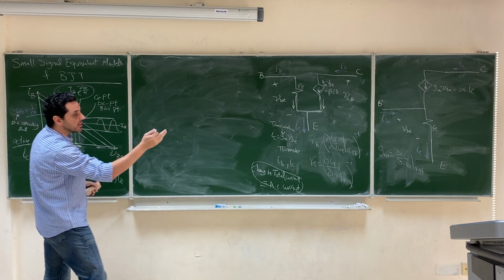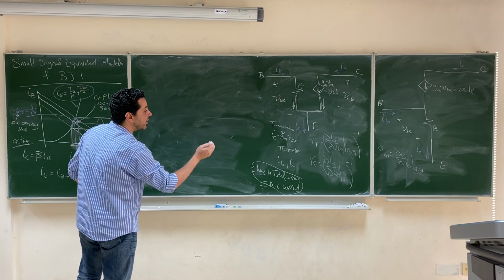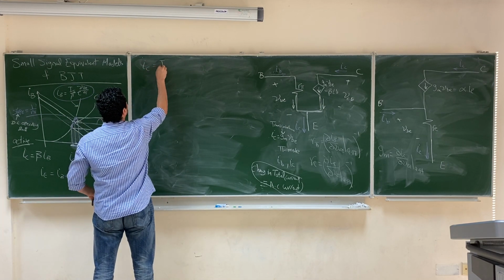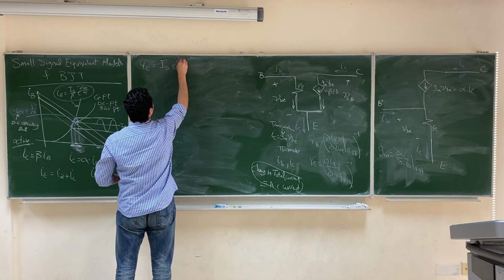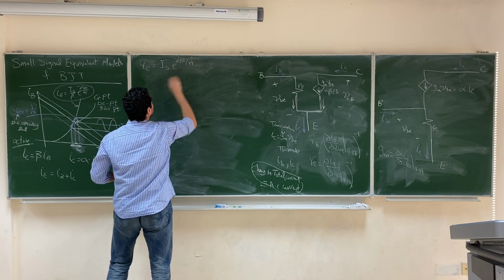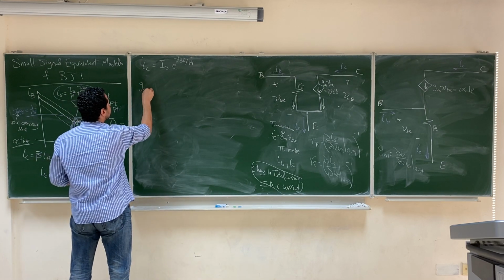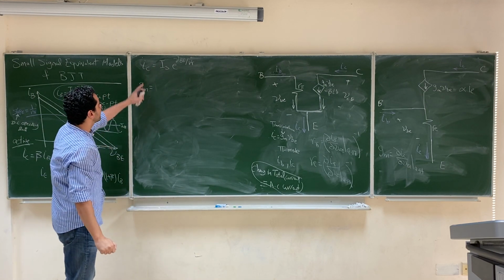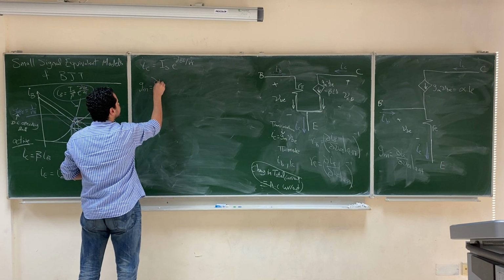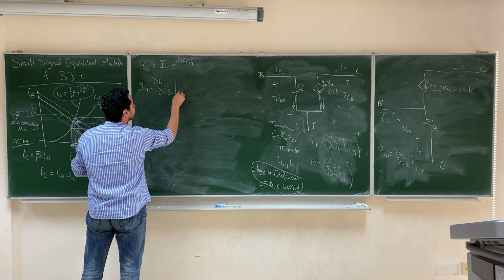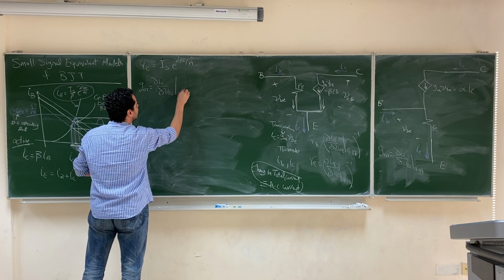If I want to calculate GM, we will use the relation for IC. So IC equals IS exponential VBE over VT. To calculate GM, we are going to differentiate this relation, dIC with respect to dVBE at the DC point, at the Q point.